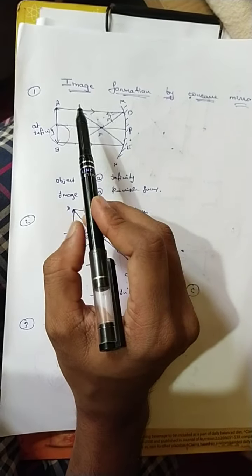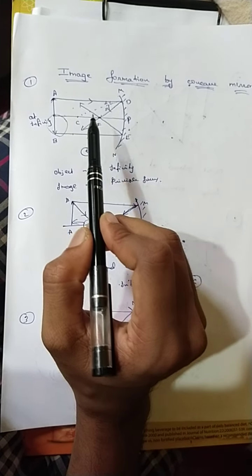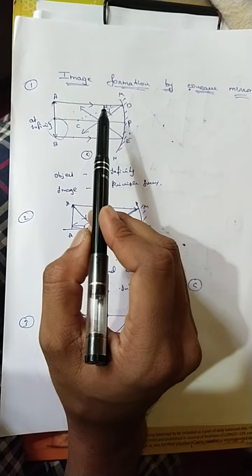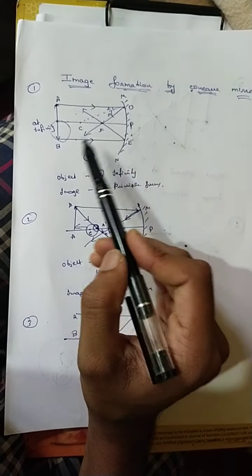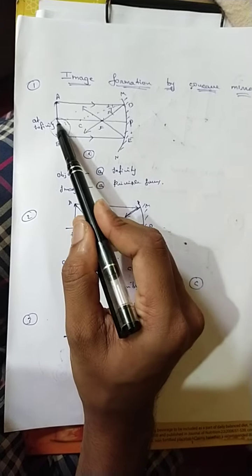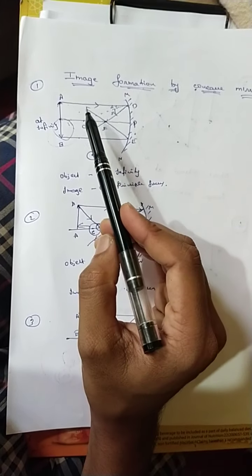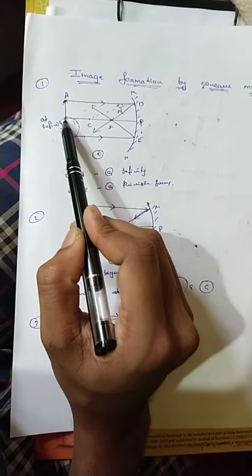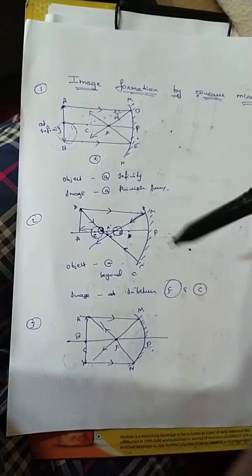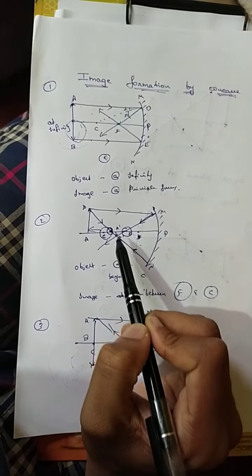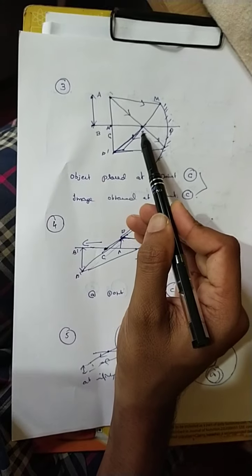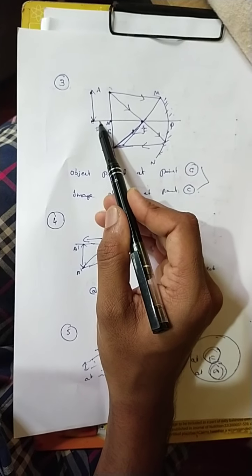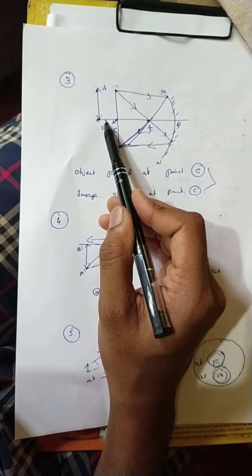The image is obtained by reflection, on the same side of the reflecting face, right. So the image is called a real image, but it is inverted. The object is in this direction, but the image is here, inverted, in the opposite direction. Same here also, inverted image and real image. Here also inverted image and real image, right. Inverted and real.